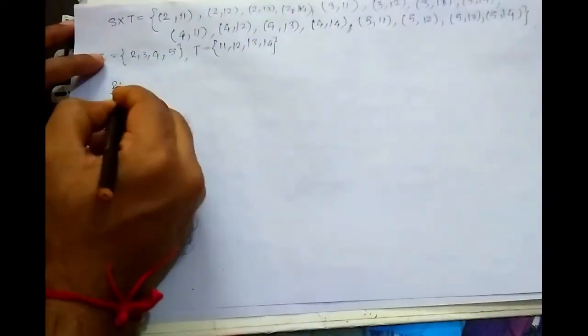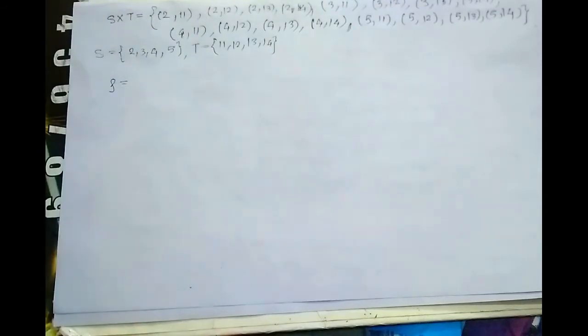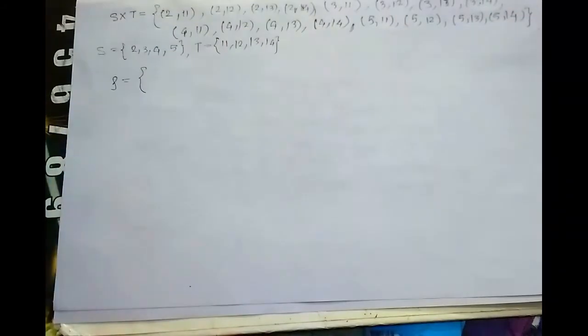That means, now we are considering our rho. Here rho is a subset of S cross T, and in rho those elements are there which are related by the division relation.